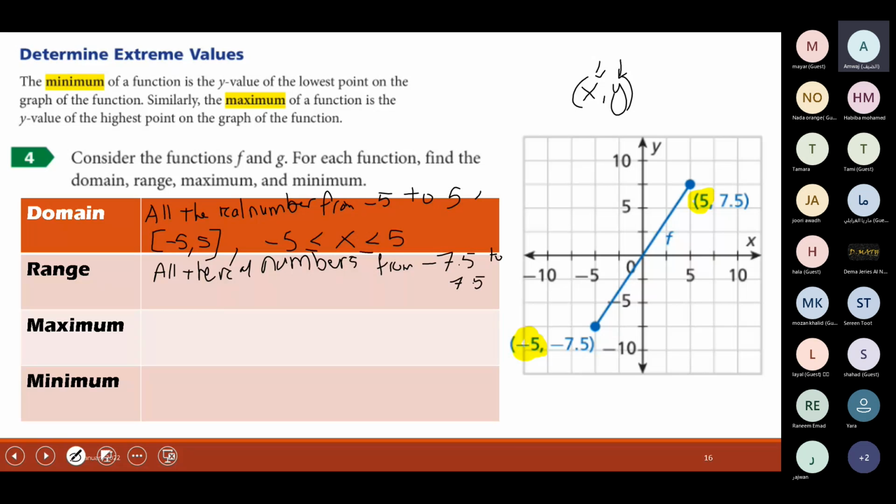Or since you are talking about the range, you will put y greater than or equal to, less than or equal to. The lowest point, negative 7.5, you write at the beginning, and the positive 7.5 you write at the end. Do you have any question? No, teacher.